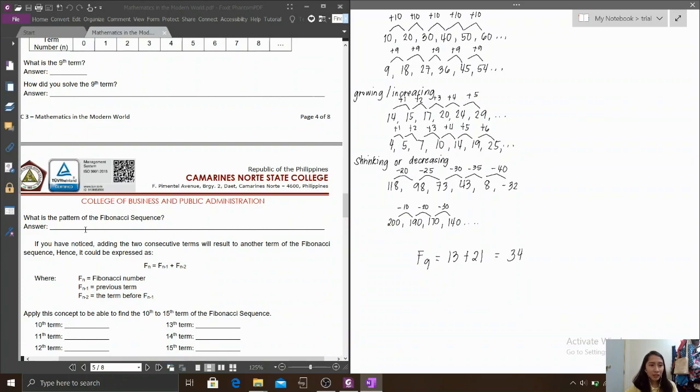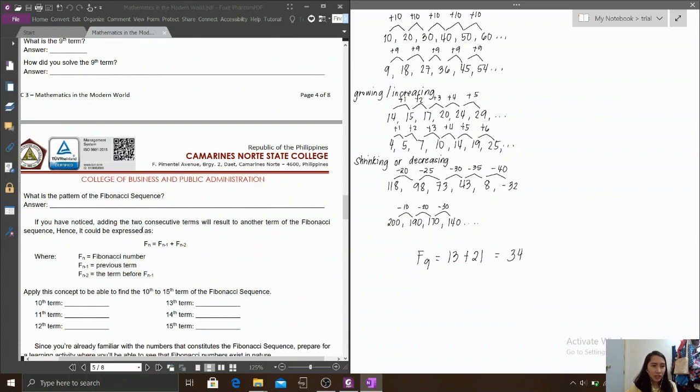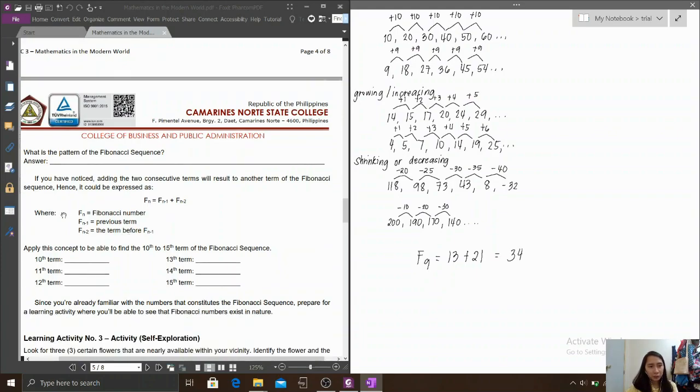What is the pattern of the Fibonacci sequence? So, if you have noticed, adding the two consecutive terms will result to another term of the Fibonacci sequence. So, this is the pattern or the formula.